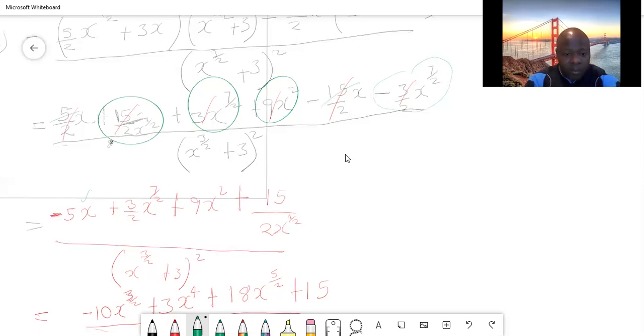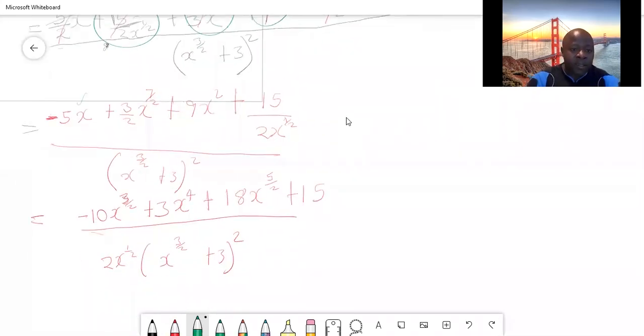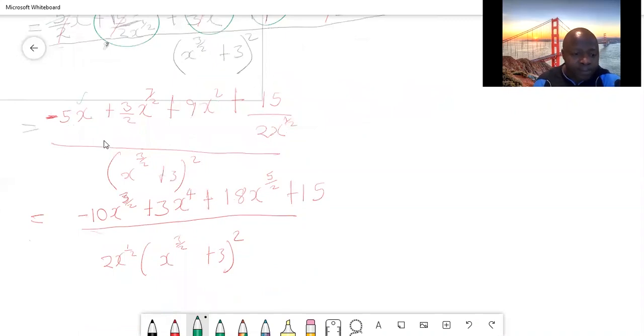So at this point, we said we could leave it as that, or we can go further and put them under the same denominator. So I took these two x raised to half here. So you remember there's a 1 here over 1, then over 1. So this one went here, 2x raised to a half times this, I got negative 10 x raised to 3 over 2.